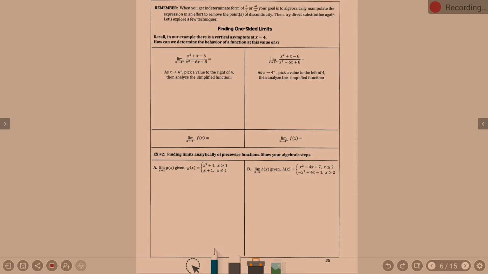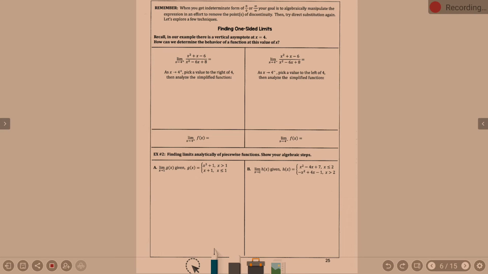We looked at charts the other day. If we were trying to figure out what happens at 4, we'd maybe look at 4.1, 4.01, 4.001, things like that, right? We'd look at those really close numbers.